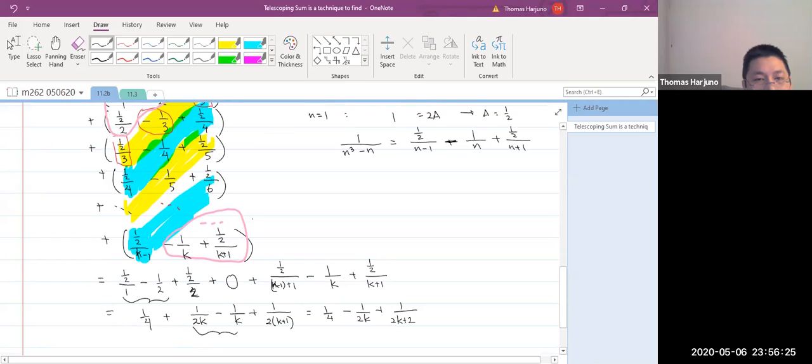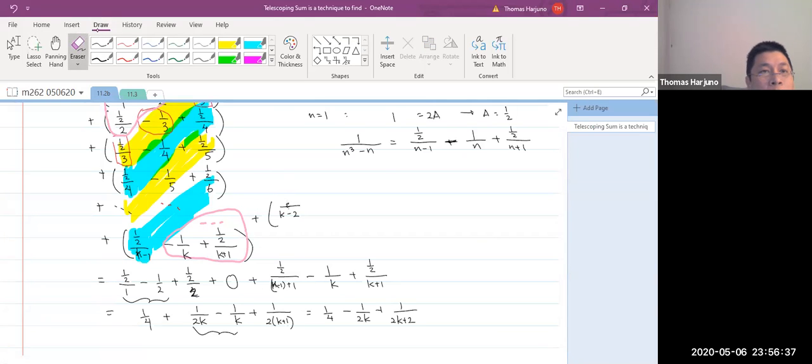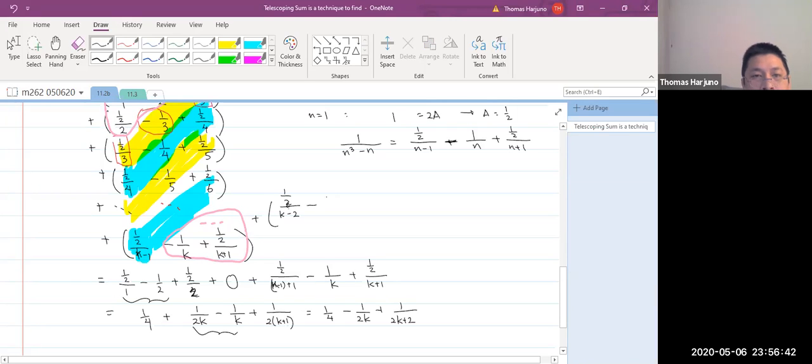The term right before the last term is 1/2 over k minus 1 minus 1, minus 1 over k minus 1, plus 1/2 over k minus 1 plus 1.